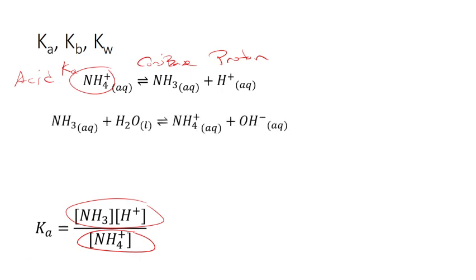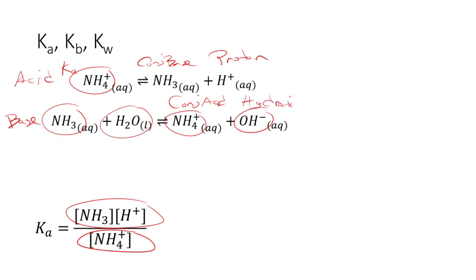Now let's say we have this other reaction, which in this case is a base reaction. How we know it is a base reaction is that we have a substance that is reacting with water, and it's forming a conjugate acid and hydroxide. Hydroxide forming is a really good indication that this is a base reaction.